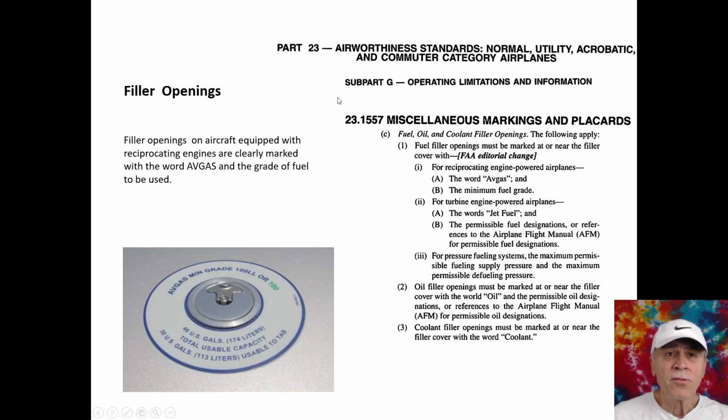Filler openings, it looks like we've got a continuation. This one's well beyond the 900s. This one's 1550. It has more to do with placards, or the markings, basically the writing. If you're going to fuel the aircraft, you want to make sure that you're putting in the right fuel.